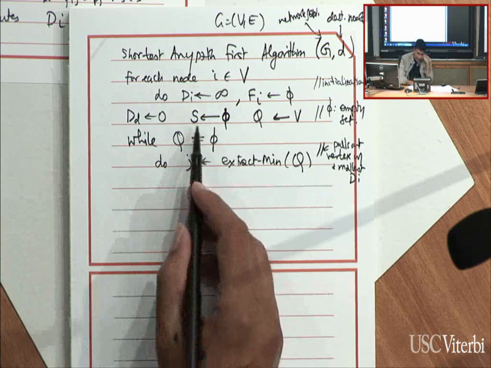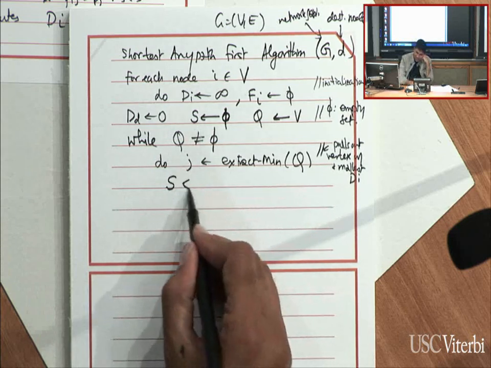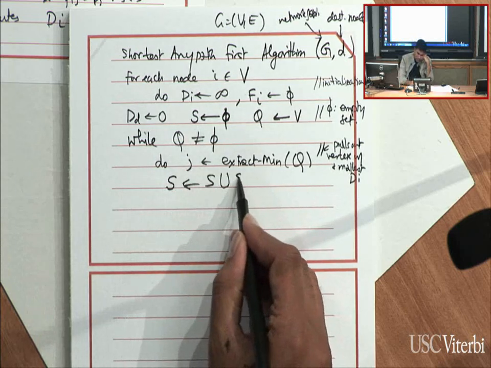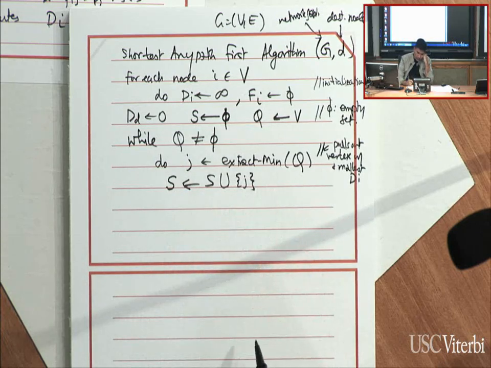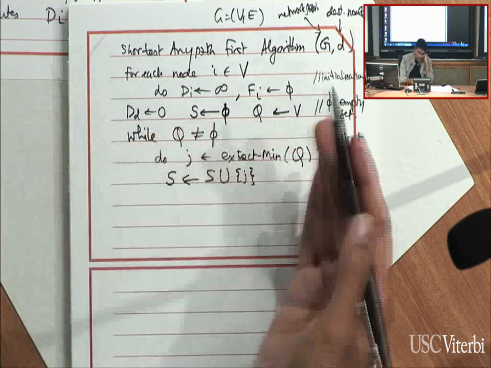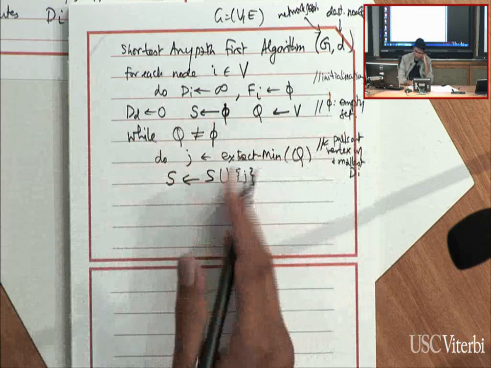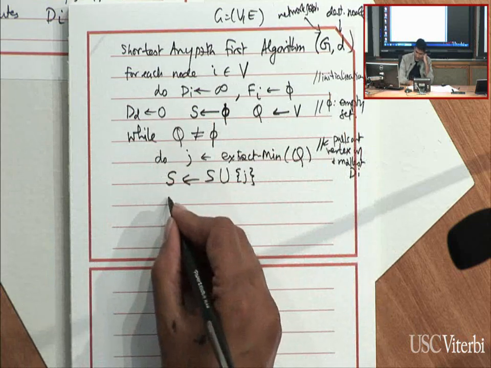Then we're going to add this new node to set S. That simply updates S to take this extracted node into it. And this is the key step.